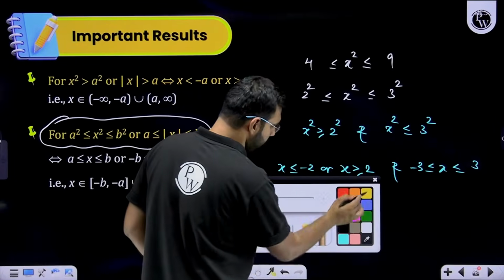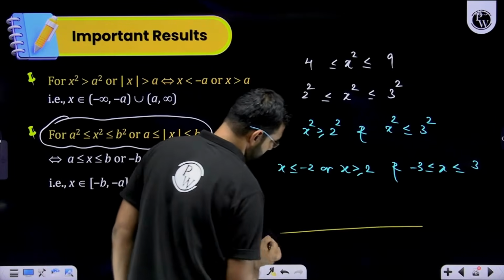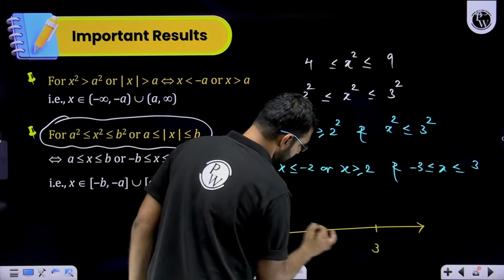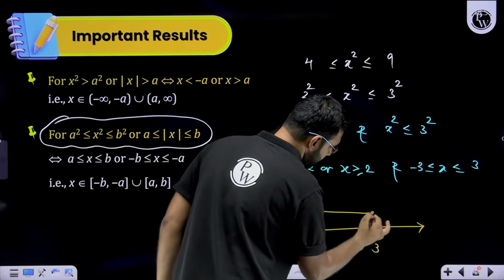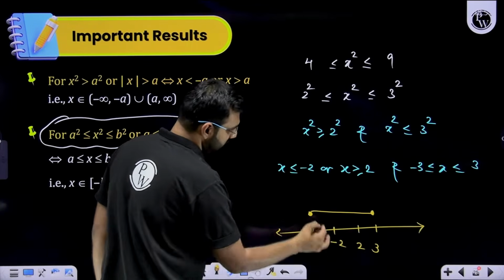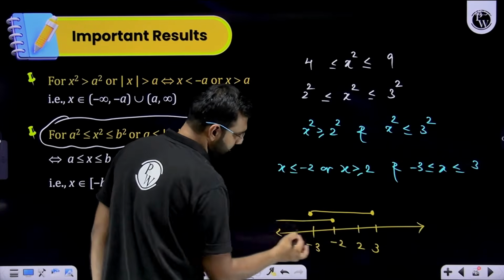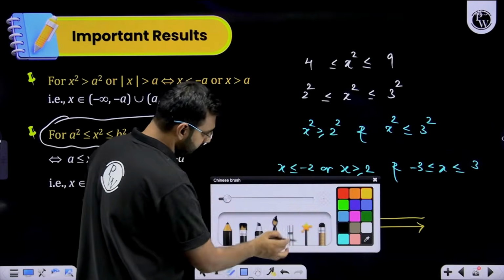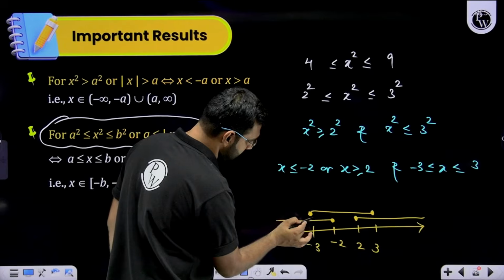Now, if I plot it on number scale so that we can find the intersection, of course, there is this number from minus 3 to 3. So it says that x lies between minus 3 to 3. That is this. Of course, you will have minus 2 somewhere here, 2 somewhere here. So this says that x will be either less than minus 2 or greater than 2. So if I take the intersection now, I hope you can see that intersection is clearly nothing but this portion.